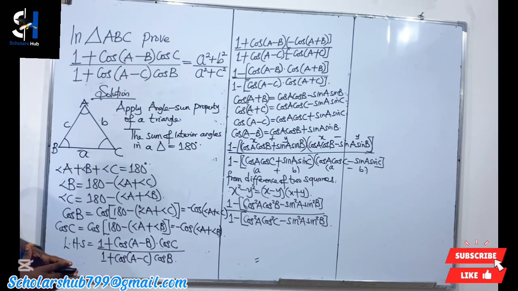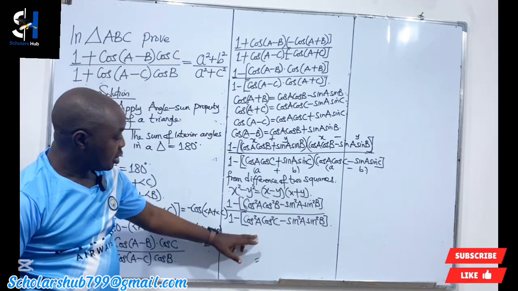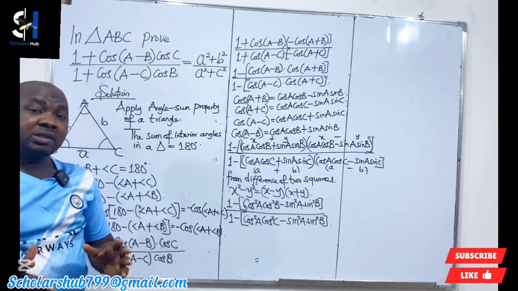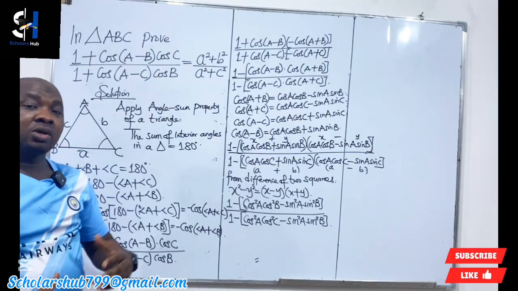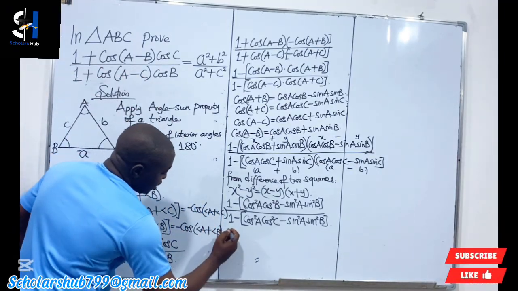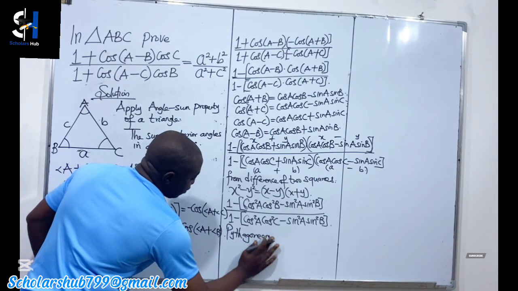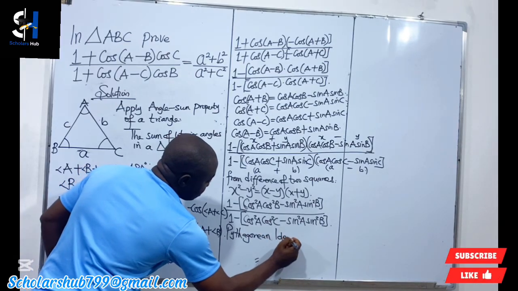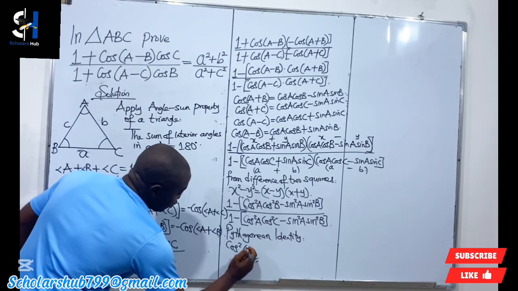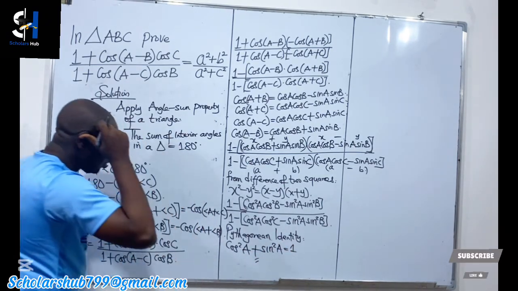Okay, now this is very important. The next thing I'm going to do is to express the numerator and denominator in terms of sine. So that is when I'll need to recognize one of the Pythagorean identities. One of the Pythagorean identities is that cos squared A plus sin squared A equals 1.